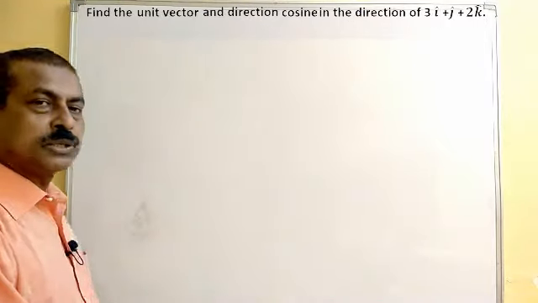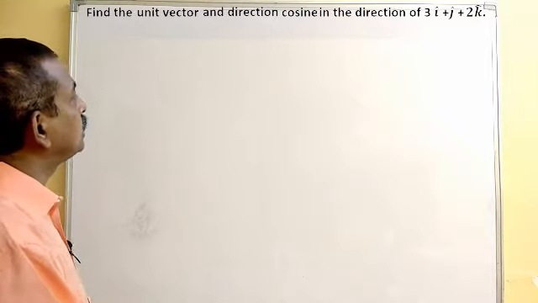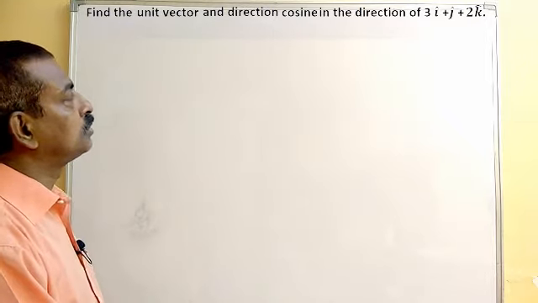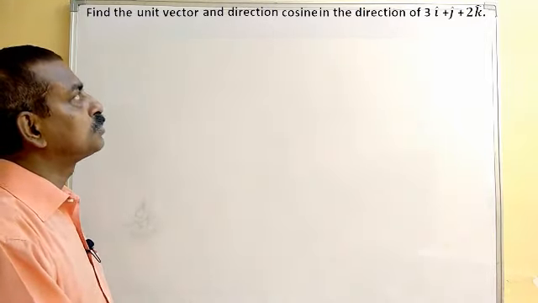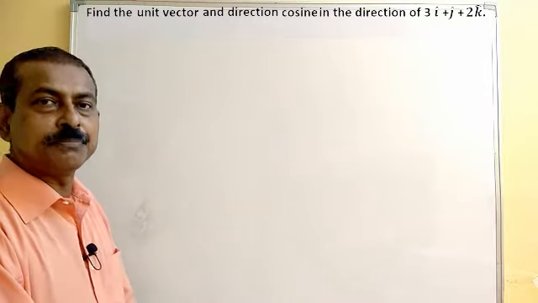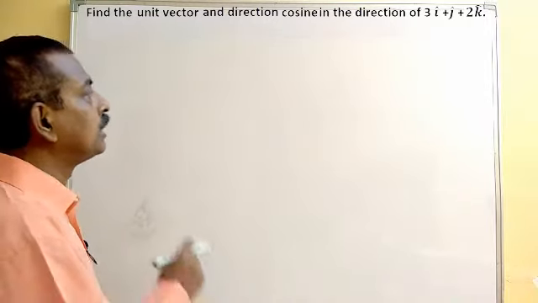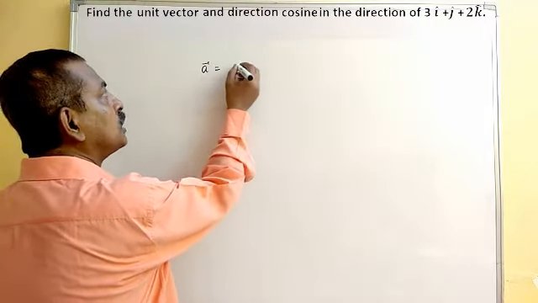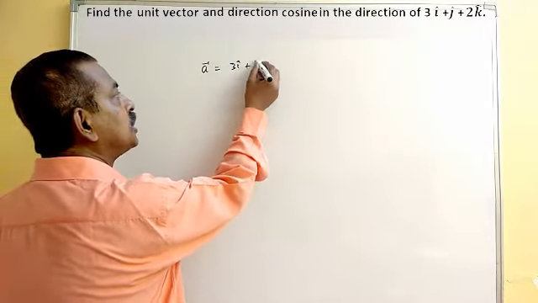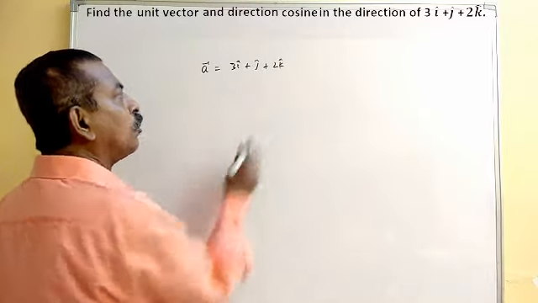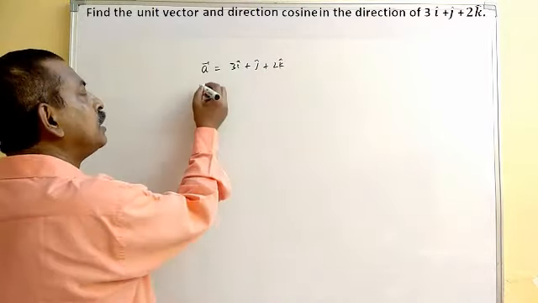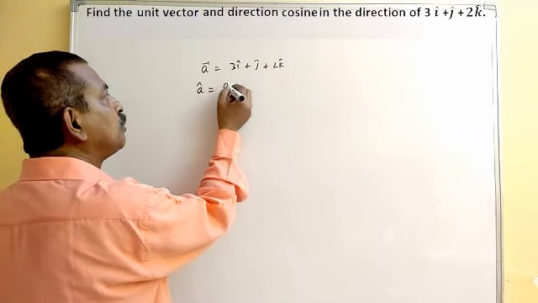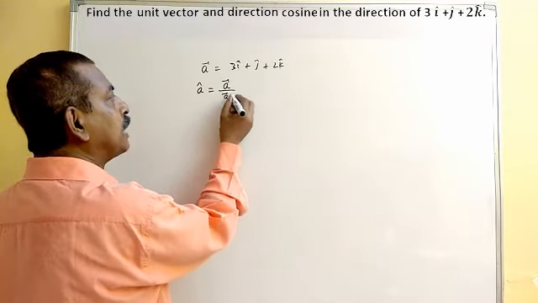Next question is find the unit vector and direction cosine of 3i plus j cap plus 2k cap. So here, if you have been given the vector, suppose a, which is 3i plus j plus 2k, finding the unit vector is very simple, because a cap will be simply vector a divided by its magnitude.